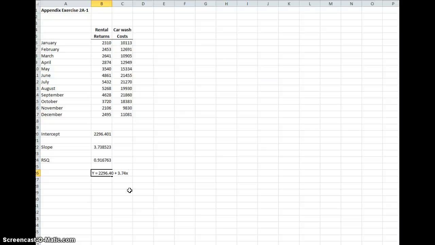The equation would be $2,296.40 of fixed cost, plus for every rental return we have, another $3.74, which added together gives us the total car wash cost for that particular month. This does it for our discussion of solution to the exercise 2A-1.